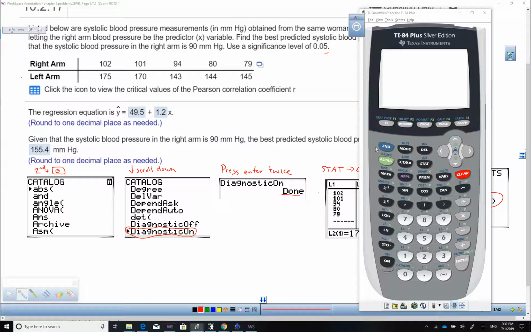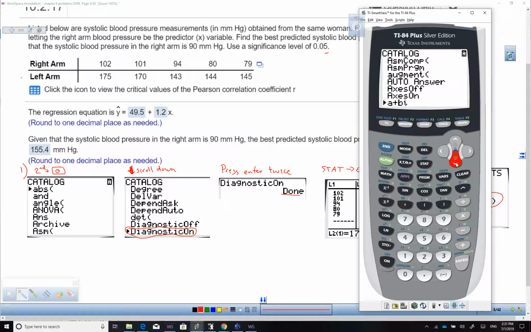First of all, you've got to go to second 0. When you press second 0, this is the first step. You will see this screen, and you have to scroll all the way down with the arrow down until you see the letter D. It goes in alphabetical order anyway.